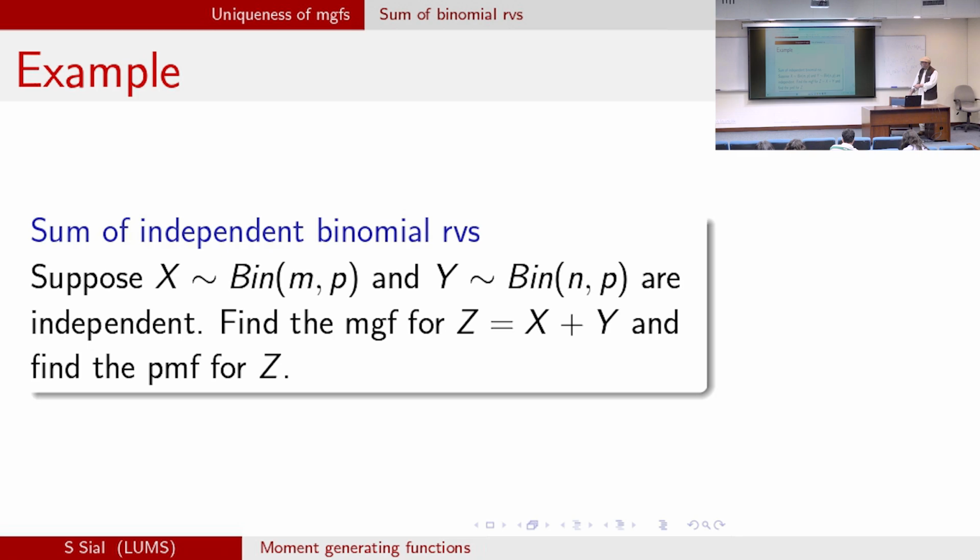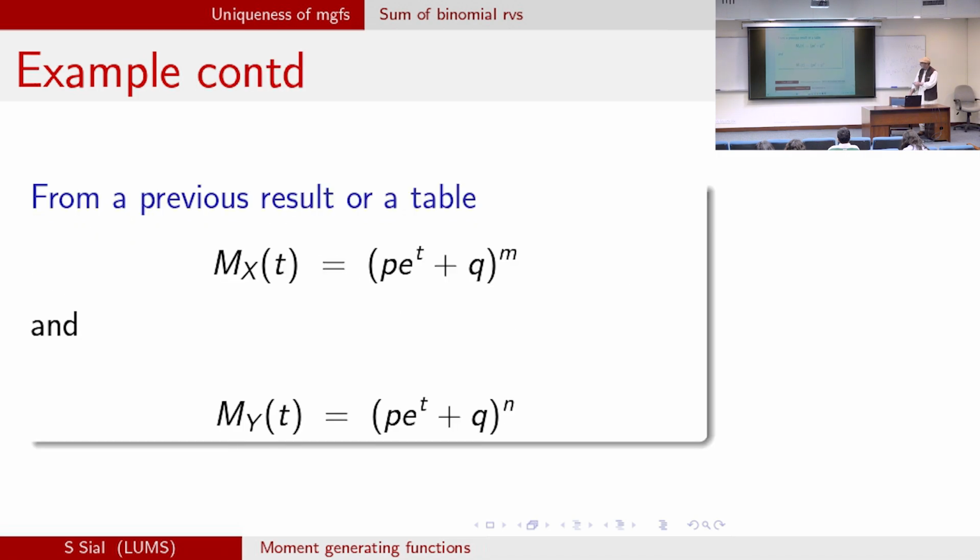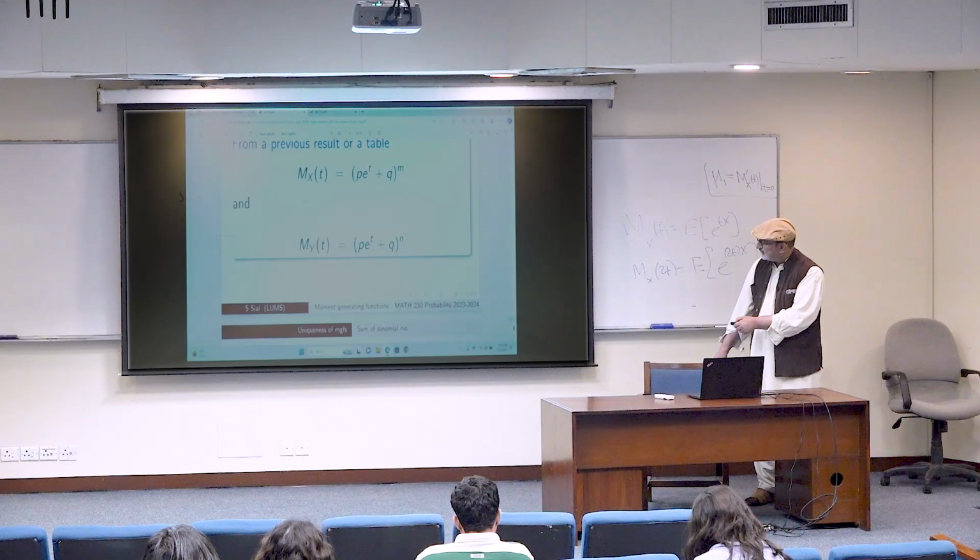Sum of independent binomial random variables. So z equals x plus y, where x and y are independent. One has parameters m and p, the other has parameters n and p. So what are you going to get? This is the MGF for the binomial random variable with parameters p and n, and this is for p and m.